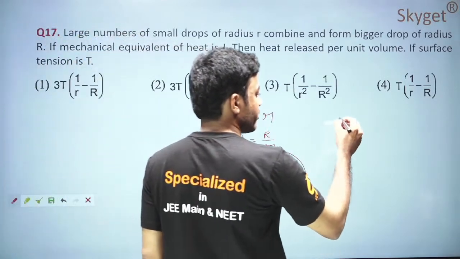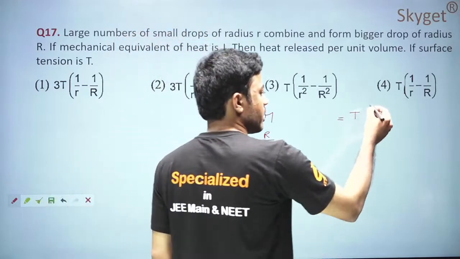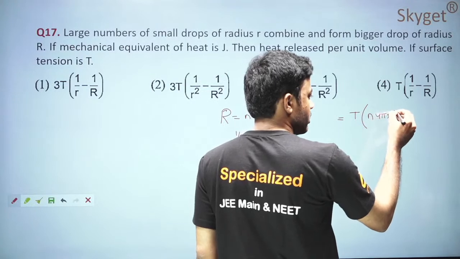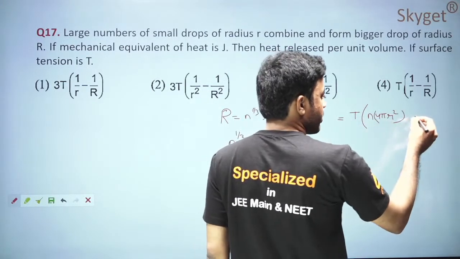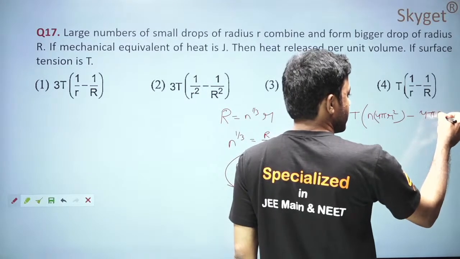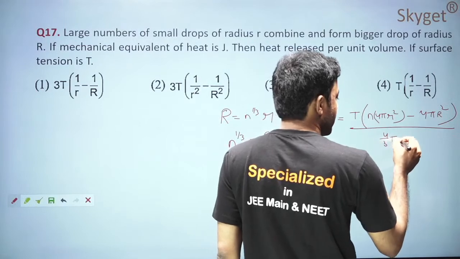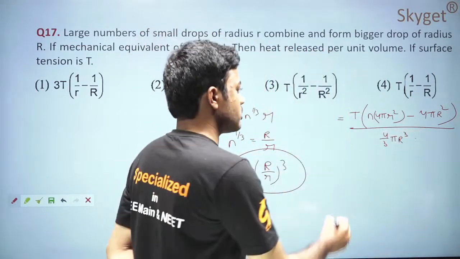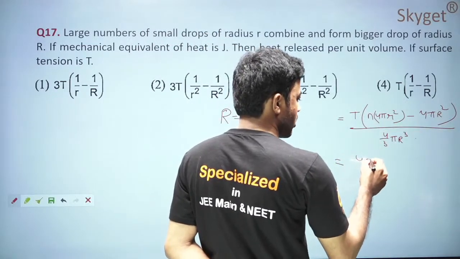Here, as you have to find the tension into change in the area, the change in the area is n into the surface area of each smaller drop, whose radius is small r. So n into 4 pi r square minus 4 pi into capital R square, divided by the total volume, that is 4 by 3 pi R cube. This is the thing you have to solve here. Obviously, in both these terms you can take 4 pi as common.